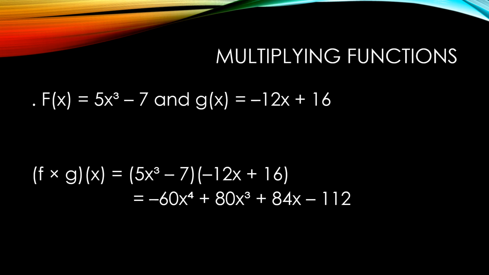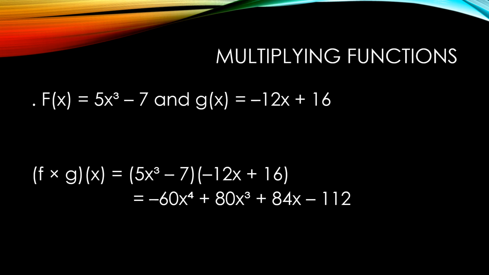So here the 5x cube will multiply each of the terms or the elements in the next bracket, like minus 12x plus 16. So 5x cube times minus 12x will give us minus 60x power 4. Repeat the same process: 5x cube times 16 will give us 80x cube. You are done with the 5x cube, then you take the minus 7. Also multiply by minus 12x.